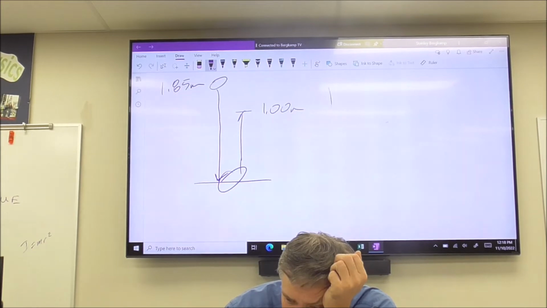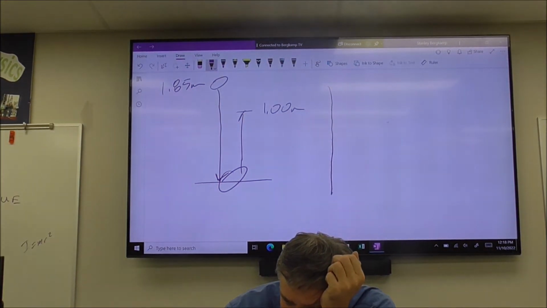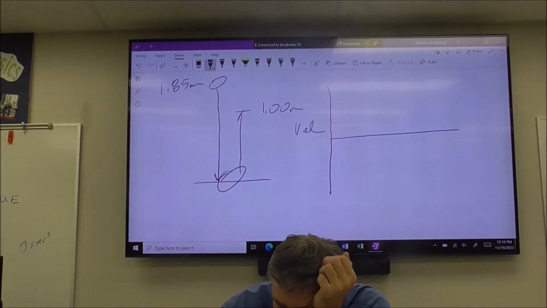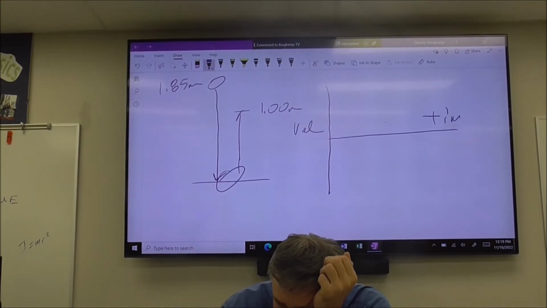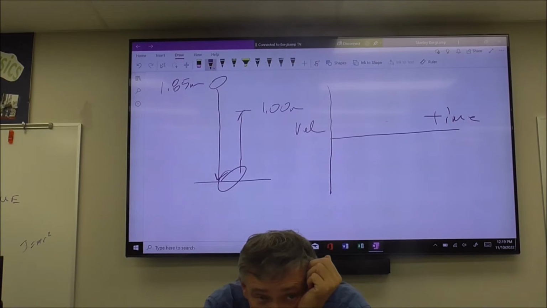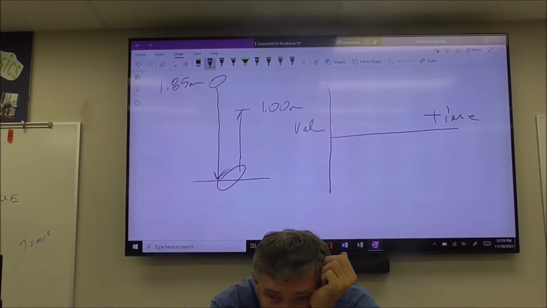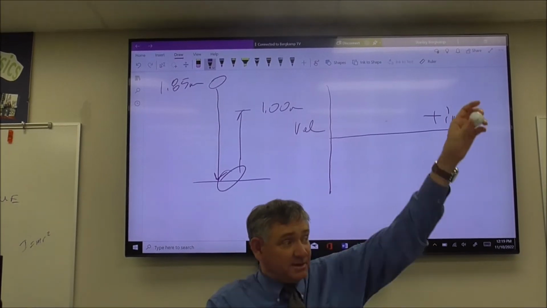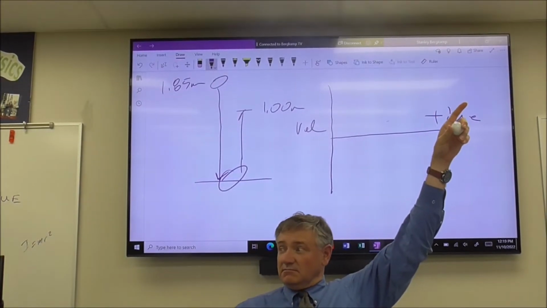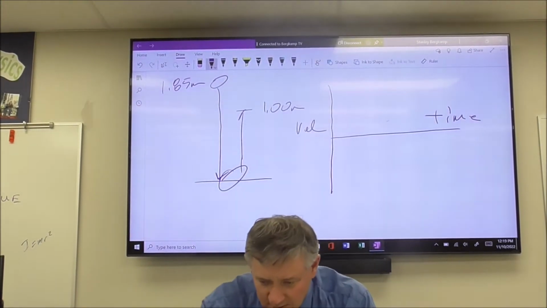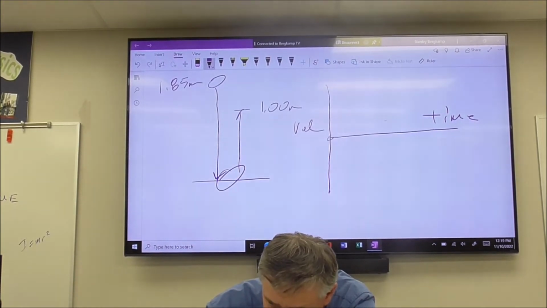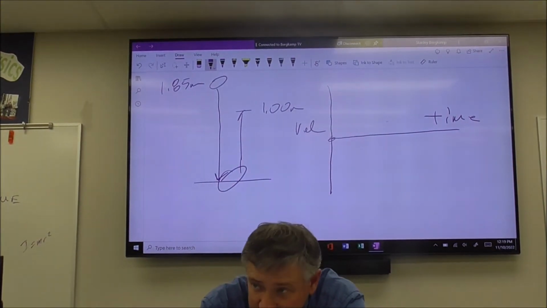So let's start with the velocity time graph. Where's my velocity time graph going to start? Do not make this difficult, because you're dropping it, right? I'm just dropping it. What's the initial velocity? 0. Okay, so what's it going to do from there? It's gonna speed up.